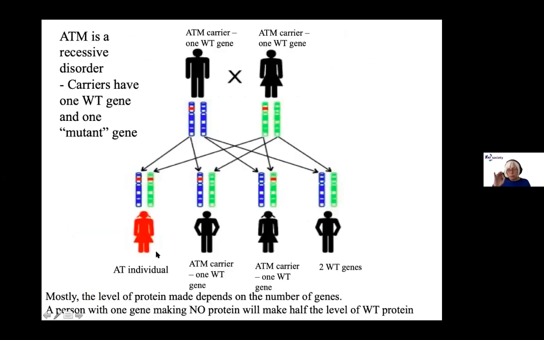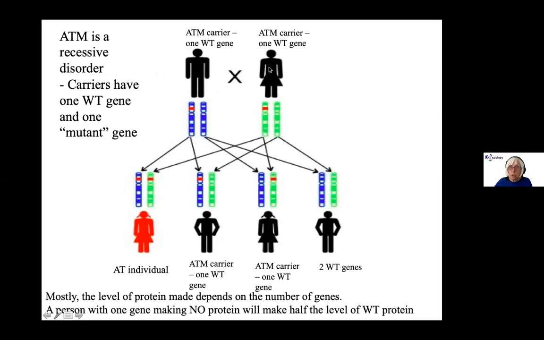And then related to that really is this final topic I wanted to talk about, which is called dominant negative. And just before I do that, I just want to remind you that we've talked about ATM being a recessive disorder. What that means is you have a mutation, you've got two copies of your ATM chromosome and your gene on the chromosome.